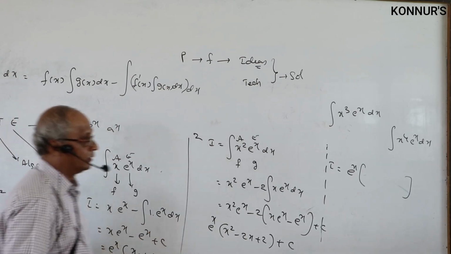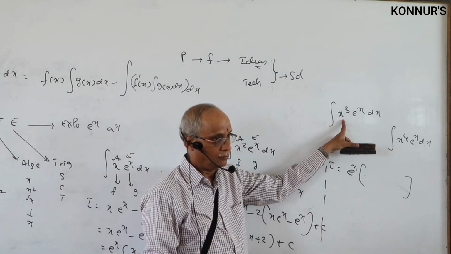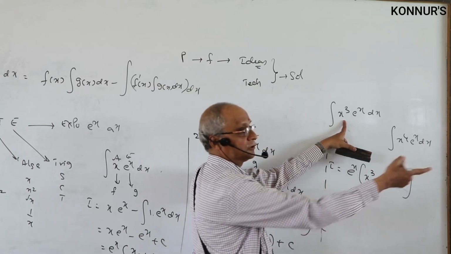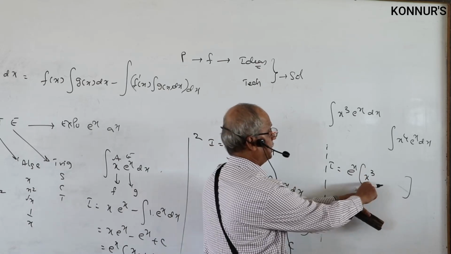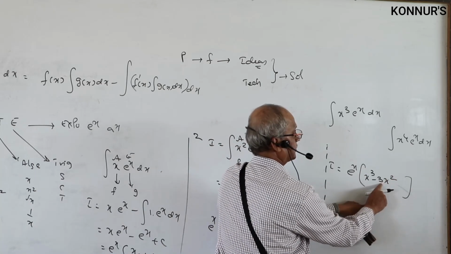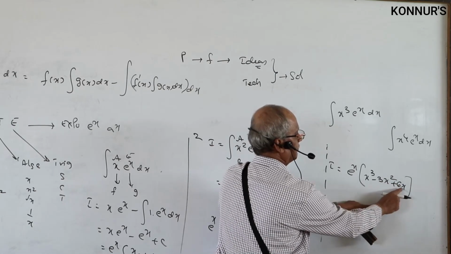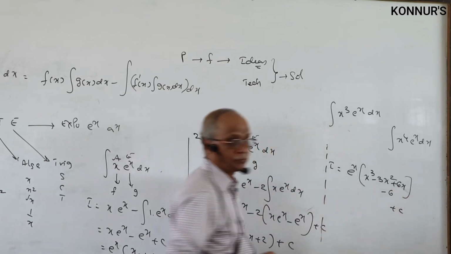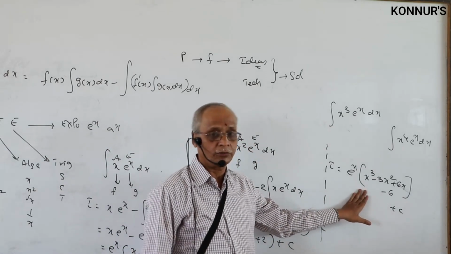Then, start with the same power. x cube given, x cube only write down. Then continue alternately with derivatives. Alternate meaning plus or minus or plus or minus. What is x cube derivative? 3x square, minus 3x square. What is 3x square derivative? 6x. Alternate sign I told, plus 6x. What is 6x derivative? 6, minus 6. Answer is finished. We have to follow this type of ideas more than doing the solution.